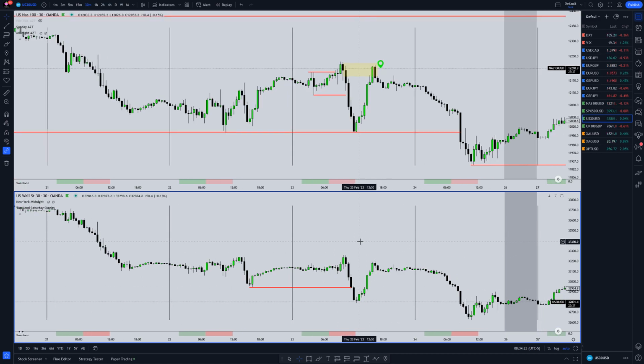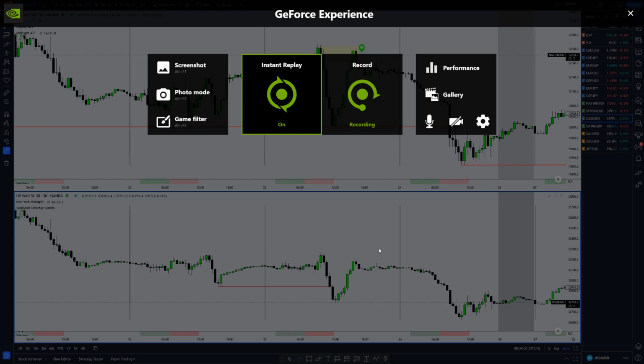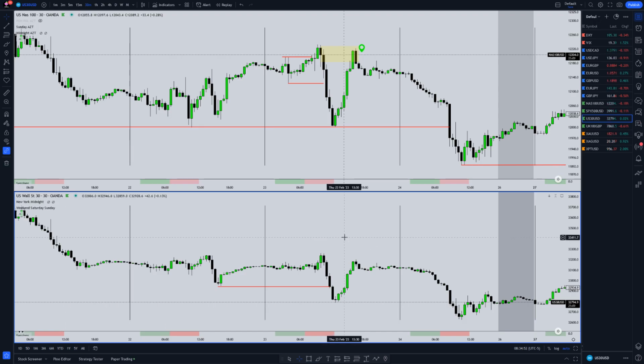Gotcha. So it wouldn't matter even if the Dow had a better objective than the NAS. We would just follow what the Dow would do if we were trading the NAS, even though, how can I say this, if the Dow had more of the movement, NAS would just follow it too.